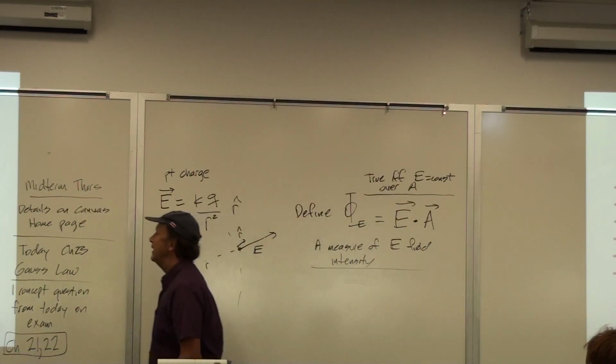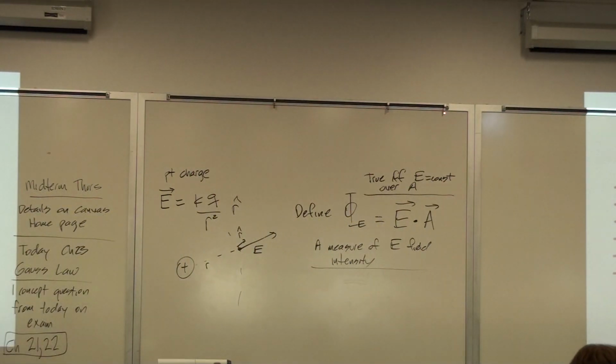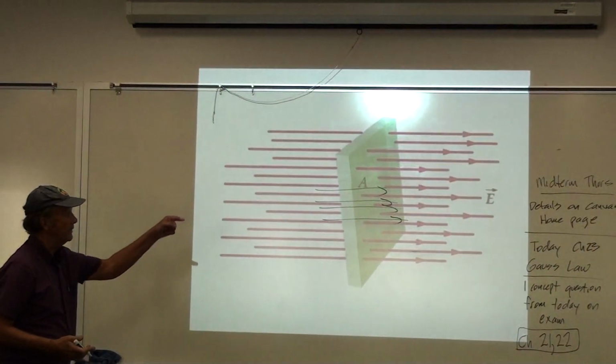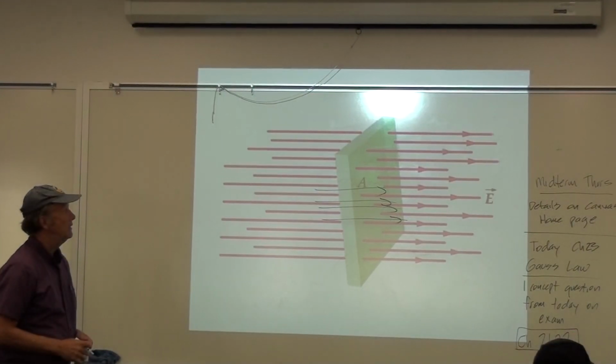Meaning that if we've got more electric field crossing that area, then we've got more flux. So that means that there's more electric field intensity if there's more electric field over the area.